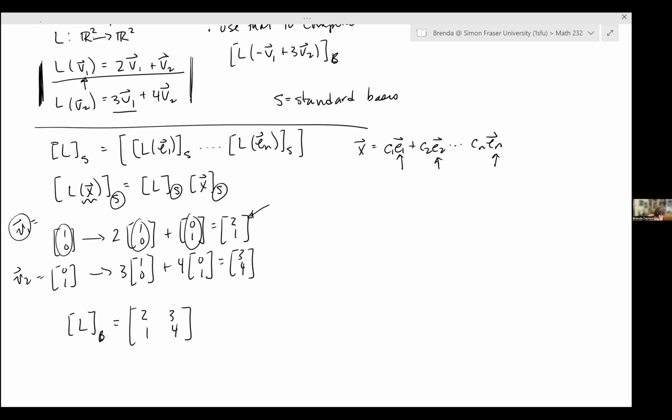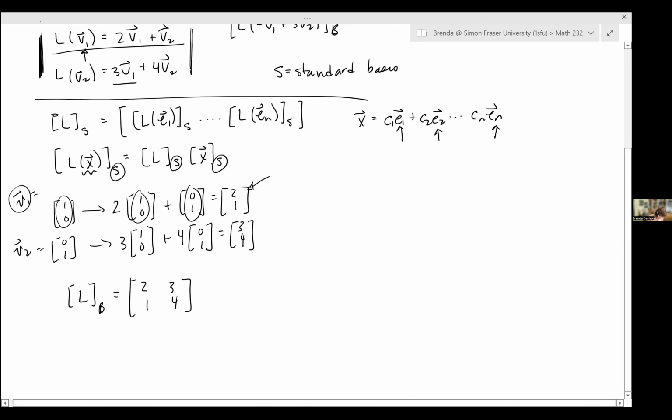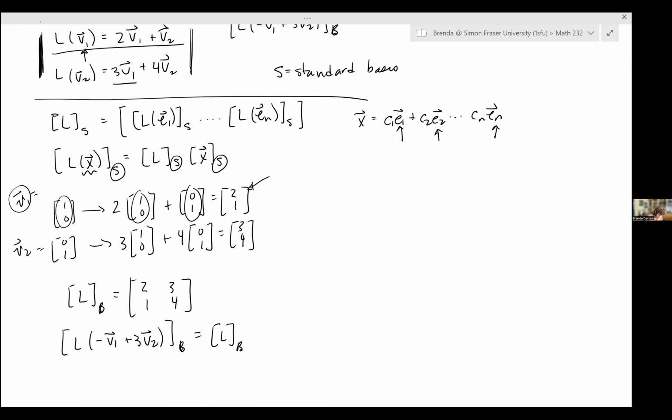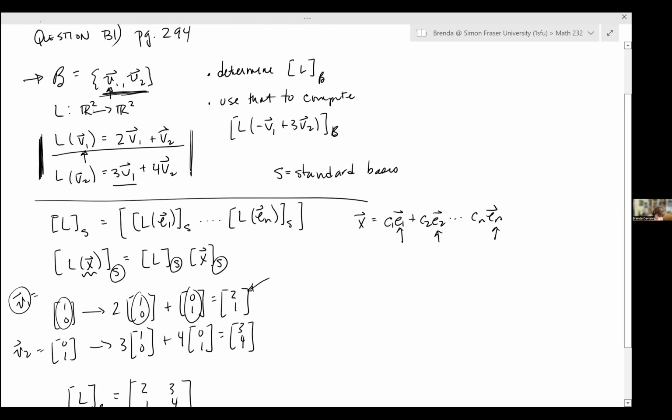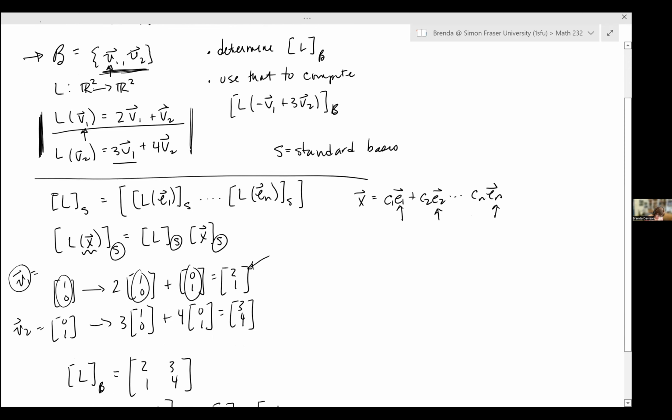We can then use that to calculate the linear transformation of some other combination of the basis vectors. That is this guy here. That's going to be our matrix representing the linear transformation multiplied by a vector. I think that was the vector given to us. Use that to compute. Oh, I see.